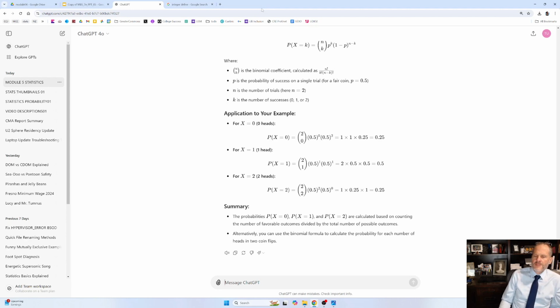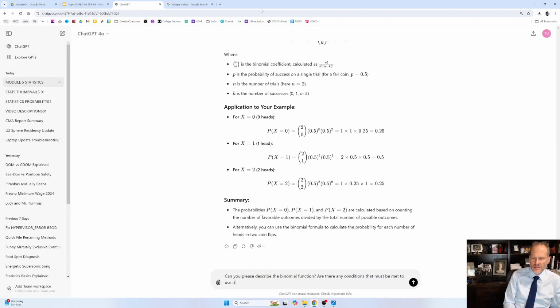But anyhow, we could say, can you please describe the binomial function? Are there any conditions that must be met to use it so that it is only used in certain situations?